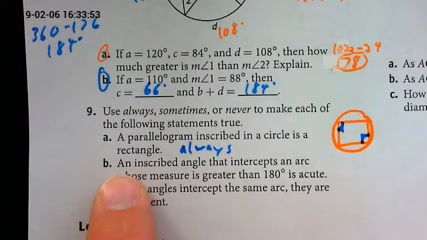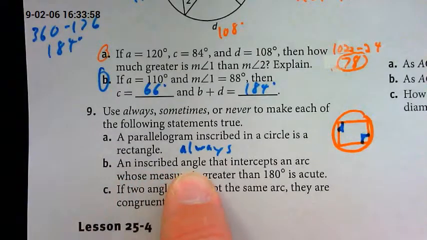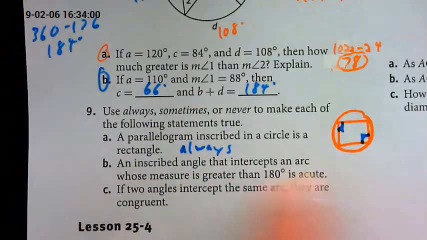All right. On B, an inscribed angle that intercepts an arc whose measure is greater than 180 is acute. So again, let me say it one more time. An inscribed angle that intercepts an arc whose measure is greater than 180 is acute.